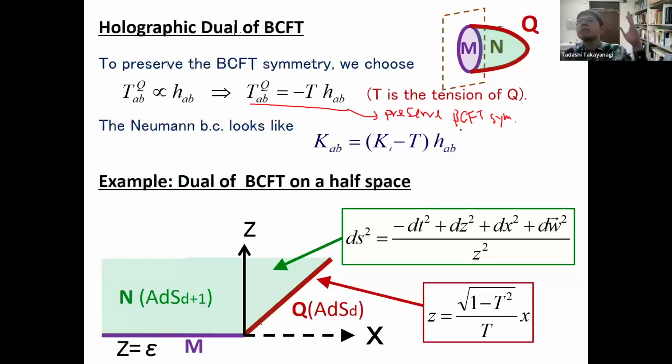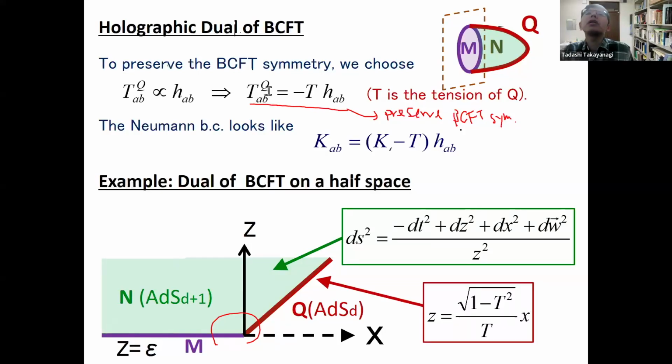And you can do some conformal mapping. From this setup, you can realize all setups which preserve conformal symmetry. But if you choose a very complicated boundary, it breaks conformal symmetry. That's how we can basically understand it.